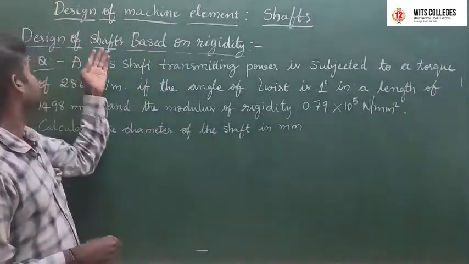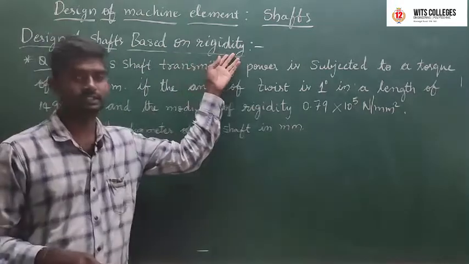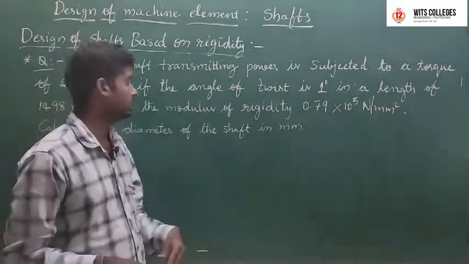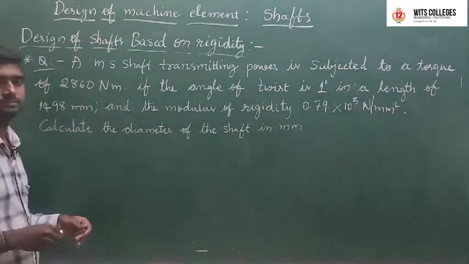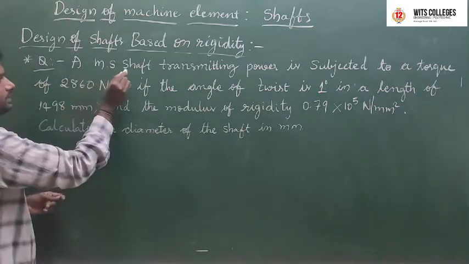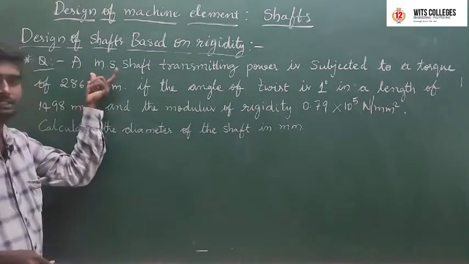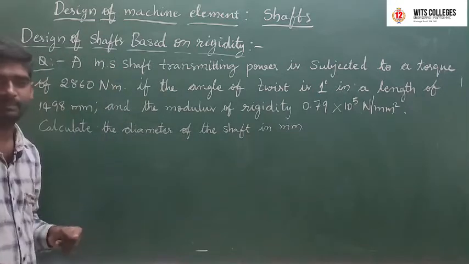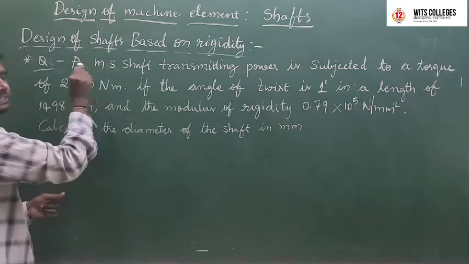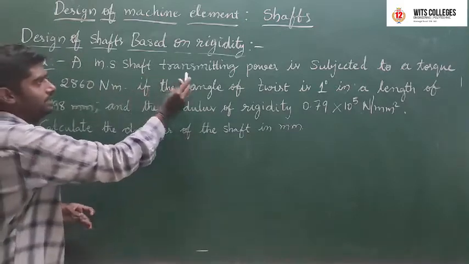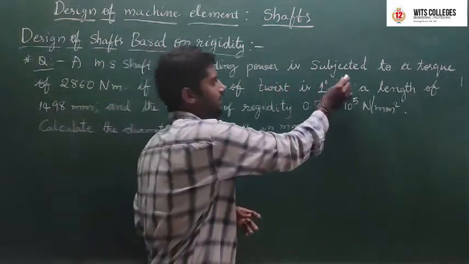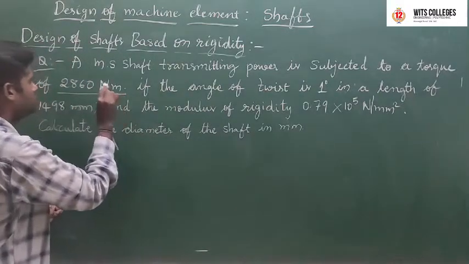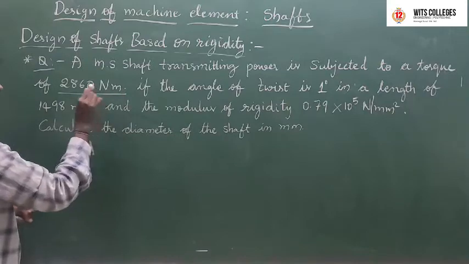Using design of shafts based on rigidity, we are going to solve one important problem. The question: a mild steel shaft transmitting power is subjected to a torque of 2860 Newton meter.